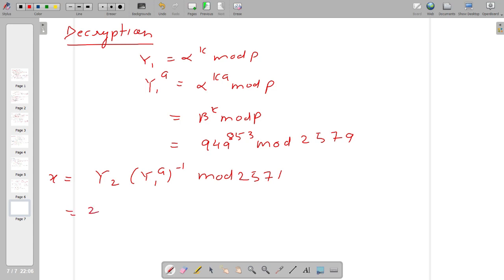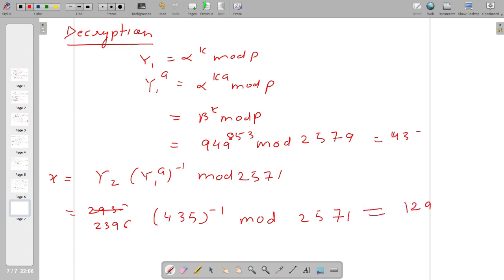So y2 is equal to 2396, and y1 to the power a, which comes out to be 435. So it will be 2396 times the inverse of 435 mod 2579, and when we calculate it comes out to be 1299.